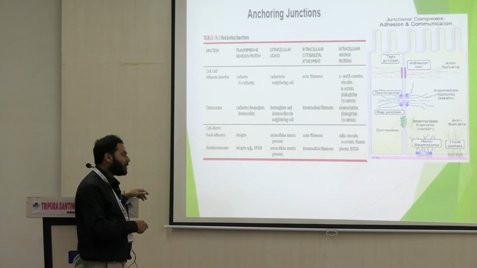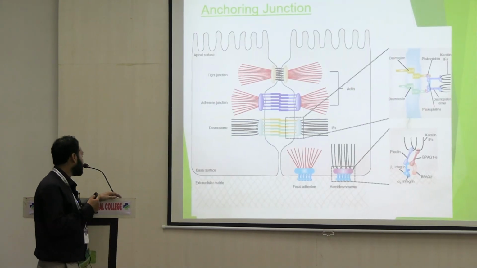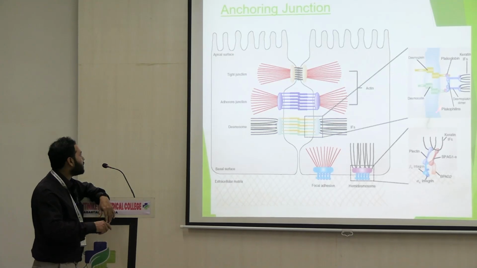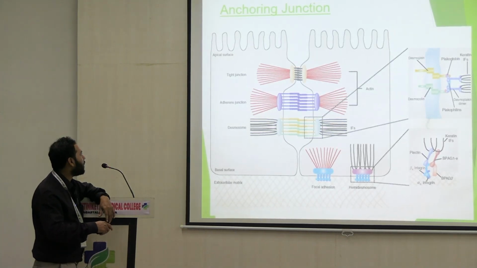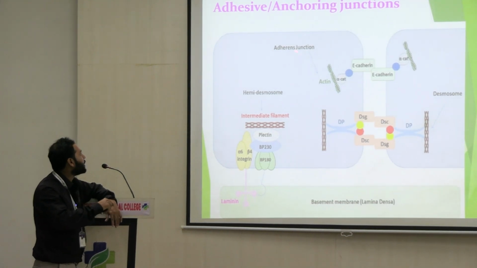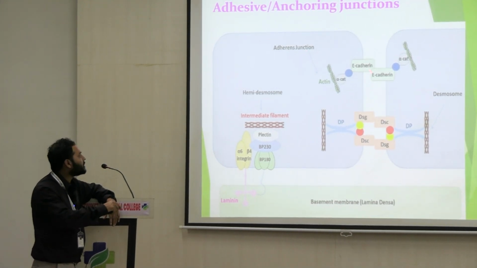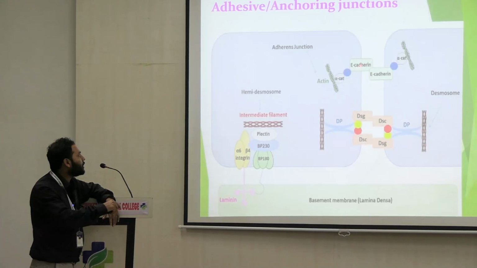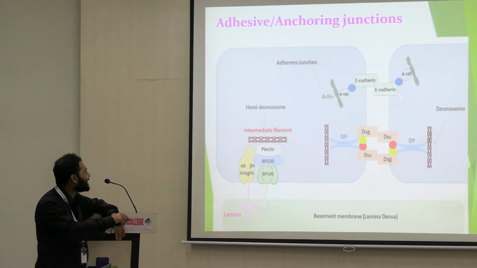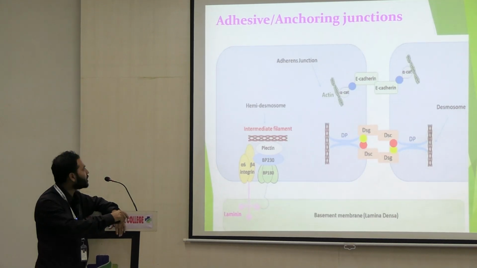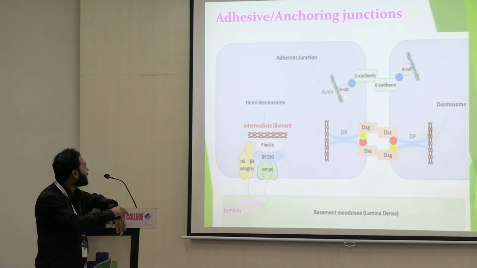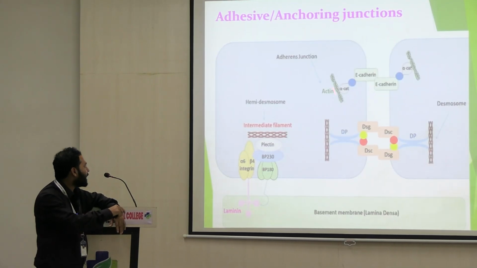Let me show you some structural conformations. See, this is one structure. Adherens junctions: as I mentioned, this is the protein present in the first cell, called Cadherin. This is the protein present in the second cell, Cadherin. Both are attached to each other. And this is the adapter protein called catenin, and that catenin is attached to the cytoskeletal filament.